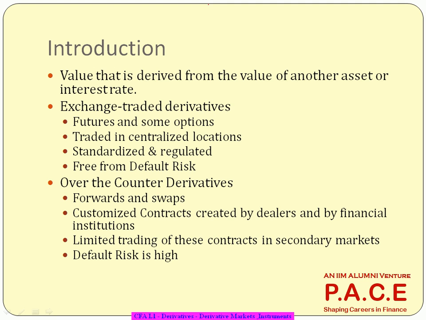Now, a derivative as such cannot exist in isolation. It's always tied to some asset, because we are buying or selling that asset not today but in future, but the price is of that asset. That asset could be a physical asset like commodities, agricultural commodities, or metals, gold, any of these things.